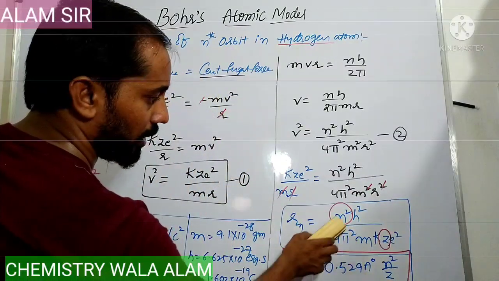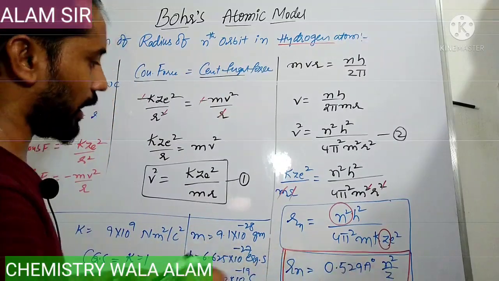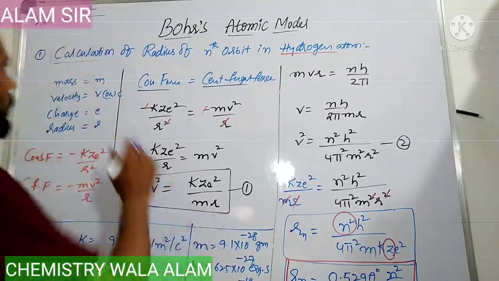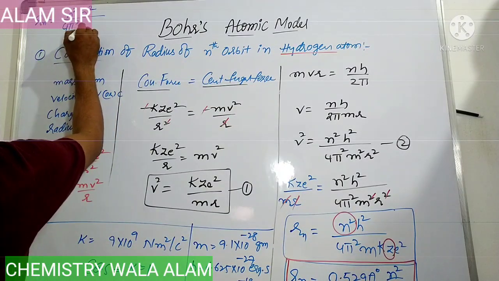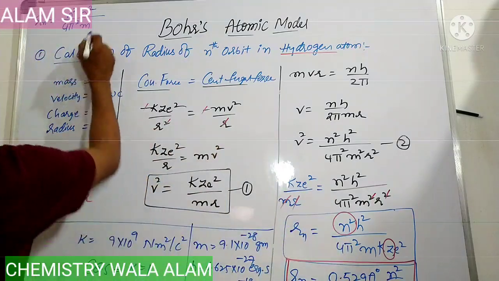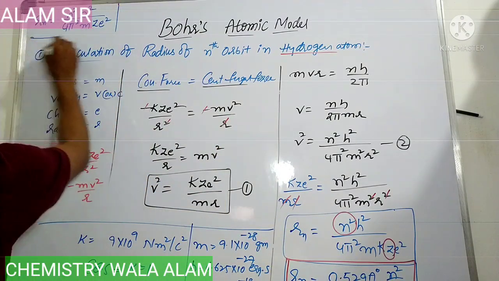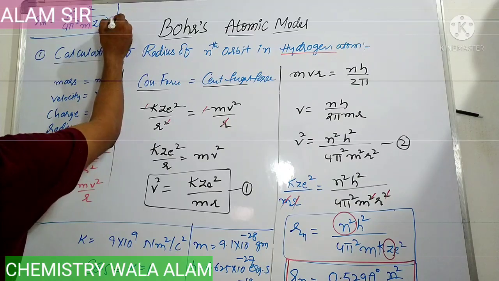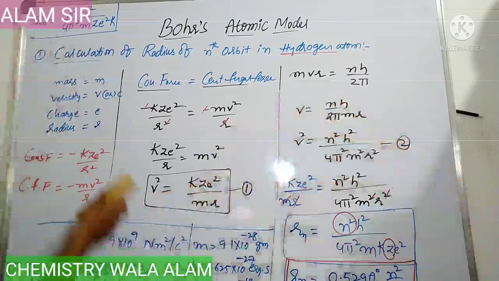This is very important, so you should remember the formula: the radius of the nth orbit equals n square h square by 4 pi square m. K is the permittivity constant, so z e square will be considered. Even k can sometimes be left out.